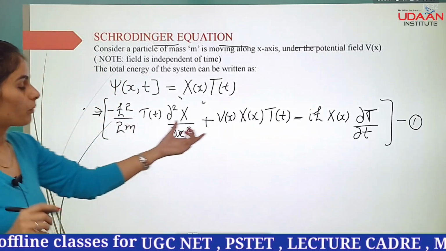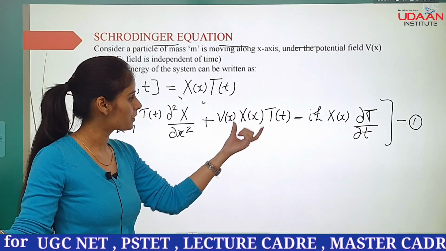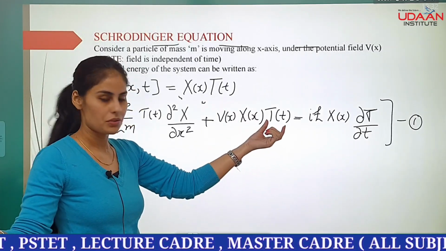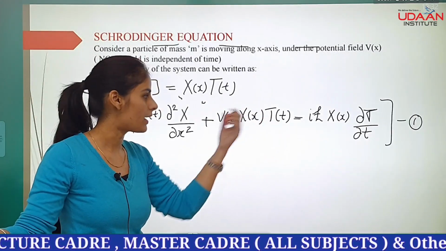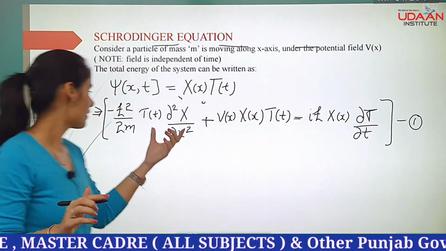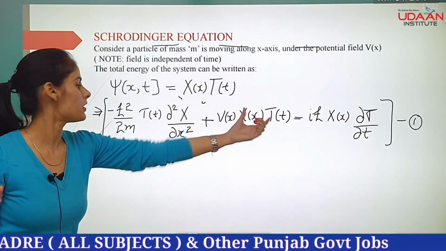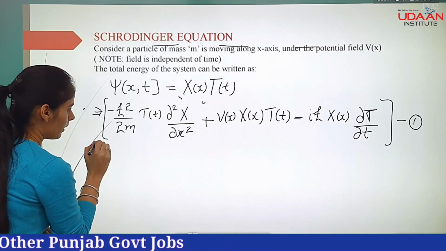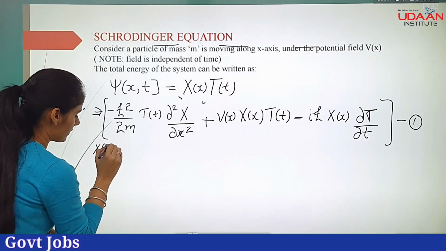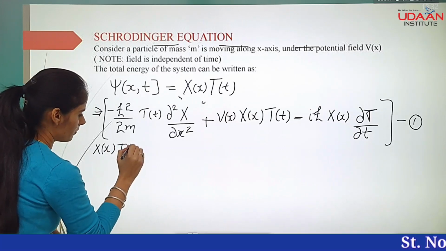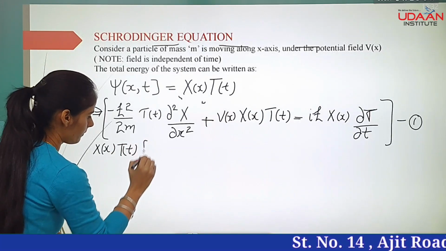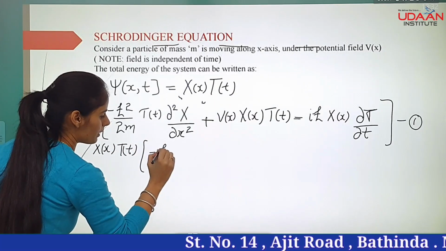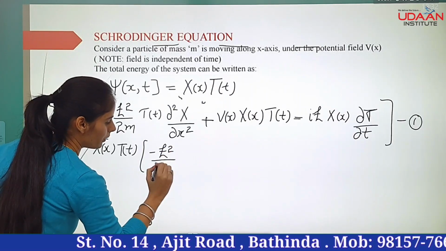Okay, so now what we are going to do, we are going to take X(x)T(t) common from both sides and we are going to cancel it. So when we take X T common from this bracket, we will have capital X into T. Here we have h bar square over 2m.